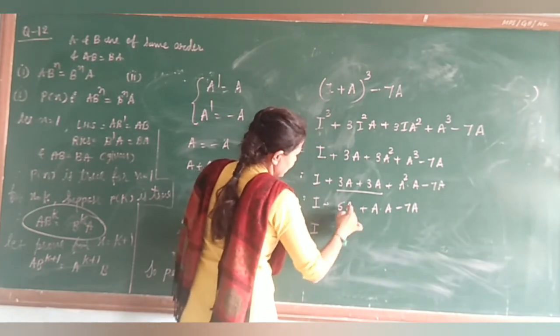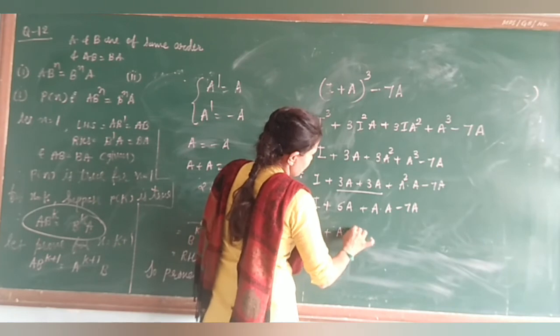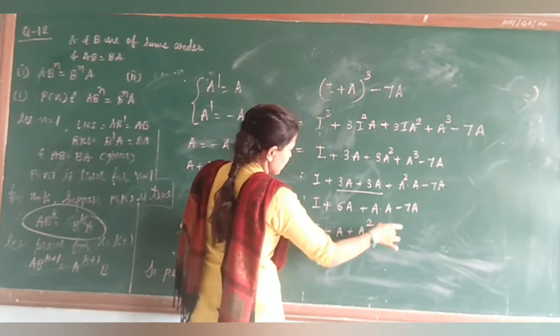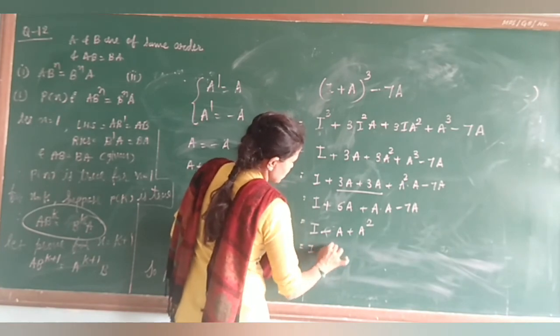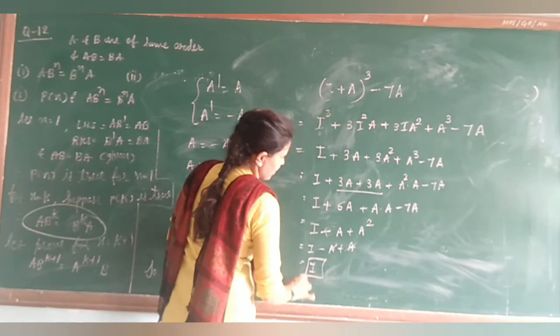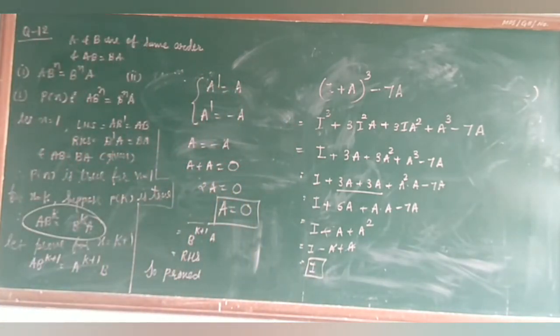So now it is plus 6A minus 7A, which is minus A, plus A square. Now again A square is equal to A, so the answer is I. So your answer is option C, that is I.